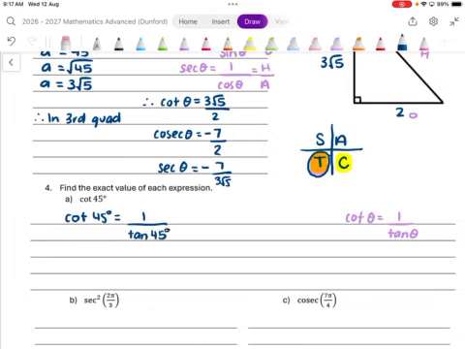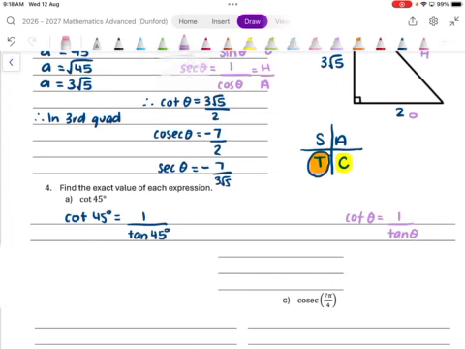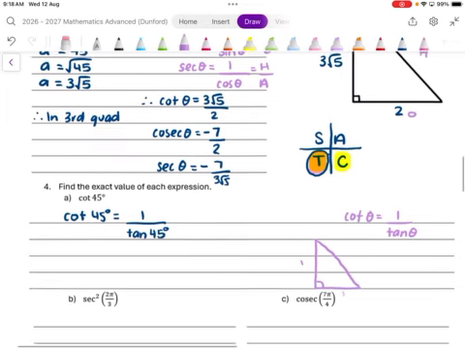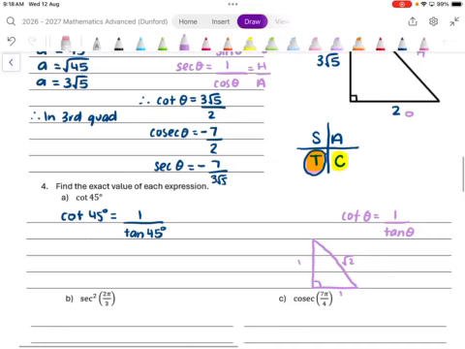Now, what do we know about 45 degrees? Why is that special? It's one of our triangles, one of our exact values from our triangles. So if we were to draw our 45 degree triangle, we would have 1, 1, root 2, 45.